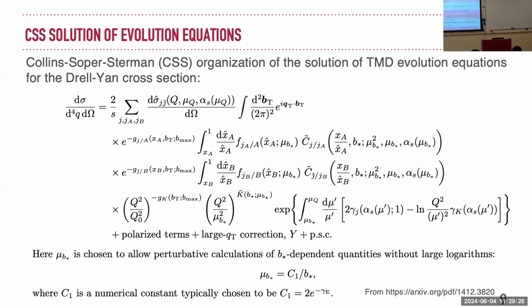It's the integral from x to 1 of d x hat over x hat, some calculable function, which is a coefficient function, c of x over x hat, b t, it depends on b t and on other things, and f j of x and mu is the collinear distribution.